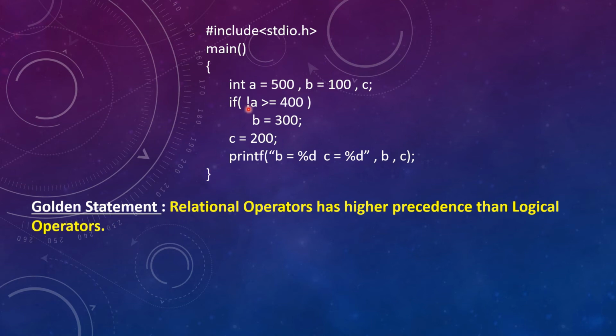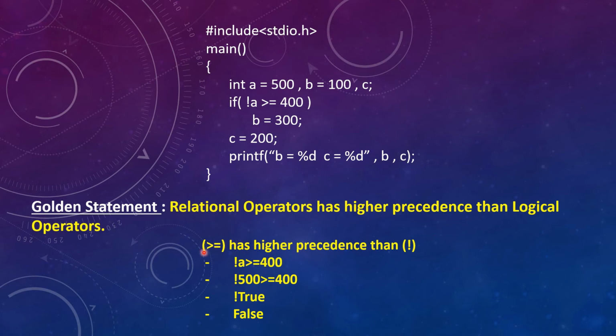Okay, so as you can see, not here is a logical operator, and greater than equals to is a relational operator. But relational operator has higher precedence than logical operators. So you need to execute relational operators first, then you need to go for logical operators. Correct? So here, how you need to solve this condition, let me show you.